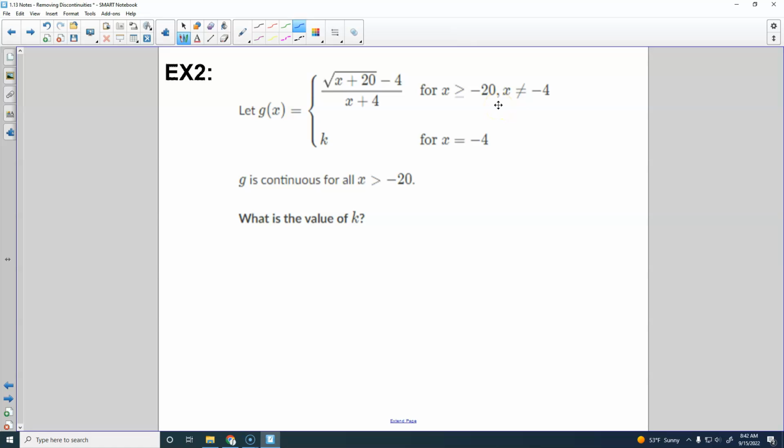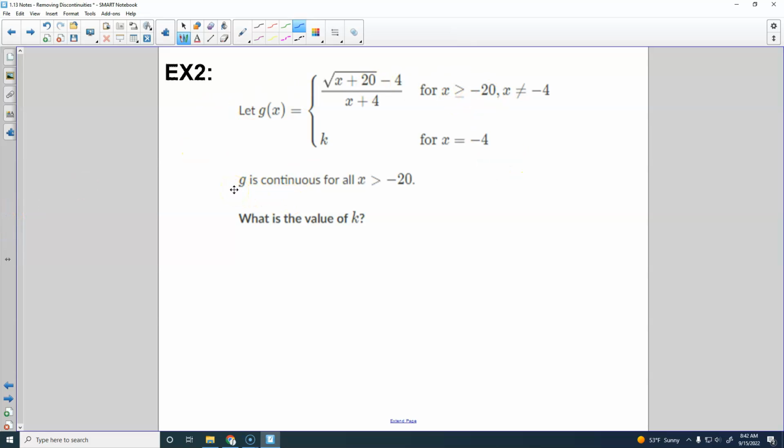What would happen if we plugged in numbers below -20? We're going to get a non-real number because we're going to have a negative under our square root. So this is just sort of part of the setup. We're not going to use any numbers below -20.